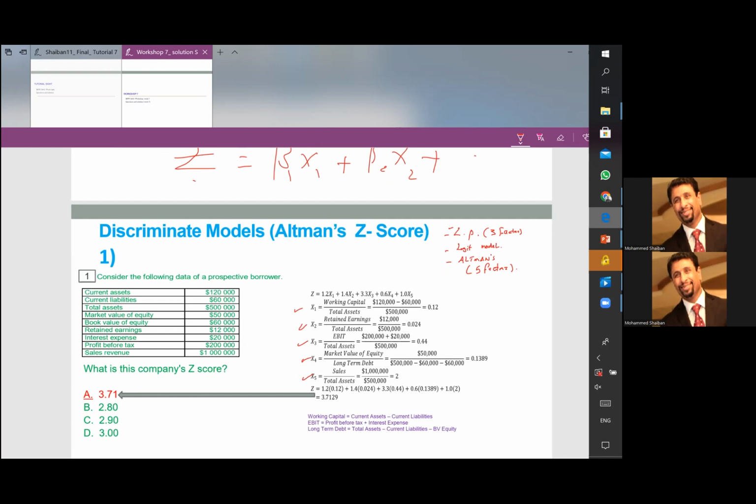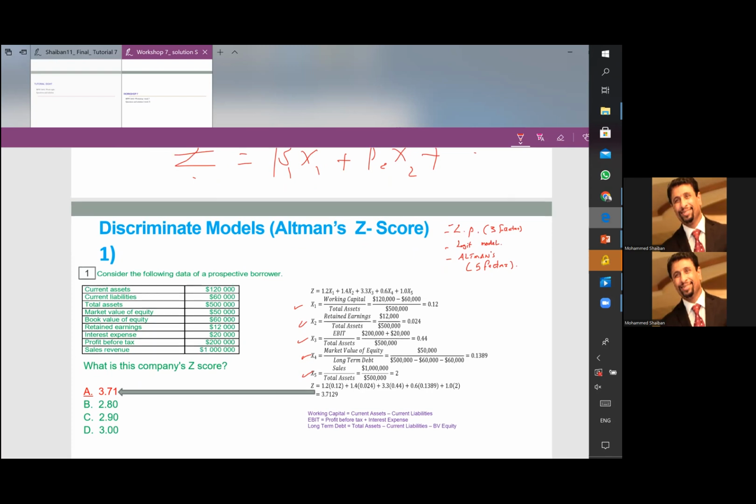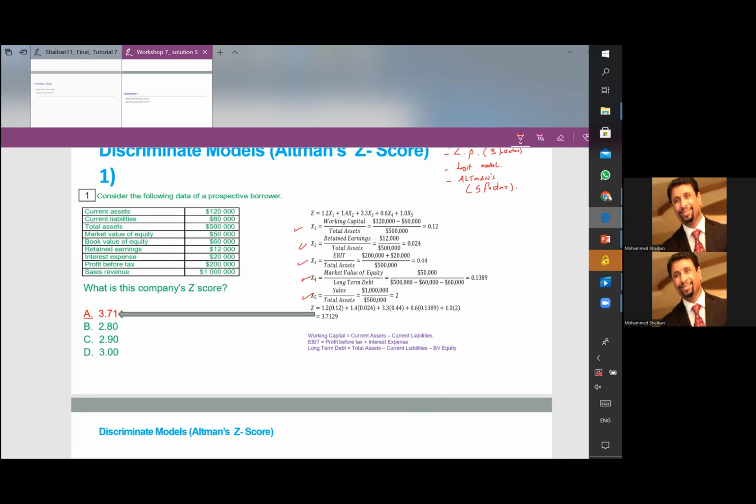X1 is working capital, which is the difference between current assets and current liabilities. Current assets are 120,000, as you can see, and current liabilities are 60,000. So we are talking about 60,000, which is actually 60,000 over 500,000.